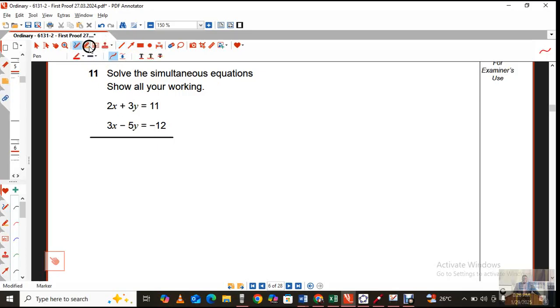If I look at 2 and 3, I'm going to make those coefficients the same. So the lowest common multiple of 2 and 3 is 6. So I'll make them to be 6x each. So for this 2 to be a 6, this equation should be multiplied by 3. That means the 2x times 3 will be 6x.